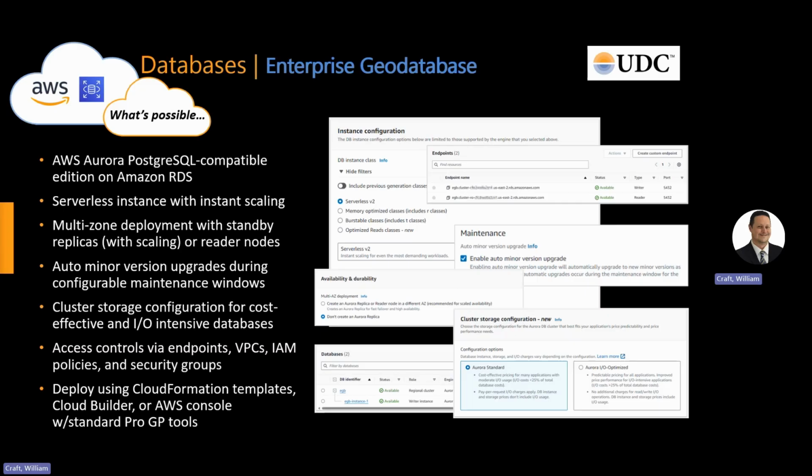Additionally, AWS can automatically perform minor version upgrades during your configured maintenance windows. You have control over the underlying storage disk type, as well as several database security mechanisms based on your needs. Esri also provides a nice set of deployment automation tools, such as CloudFormation templates and Cloud Builder, to help you stand up an enterprise geodatabase in AWS.